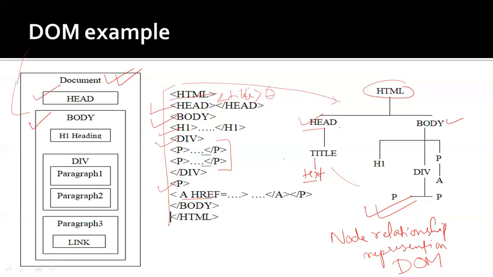So this can be represented in the form of a tree-like structure, or we can say a parent-child relationship representation. Clear? This hierarchical representation is called document object model.